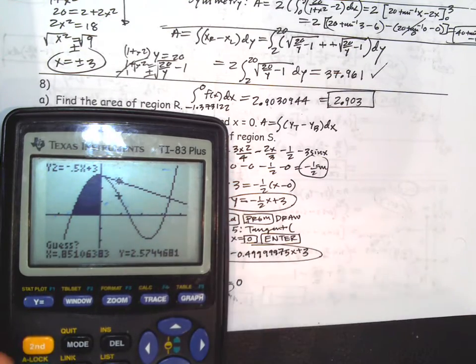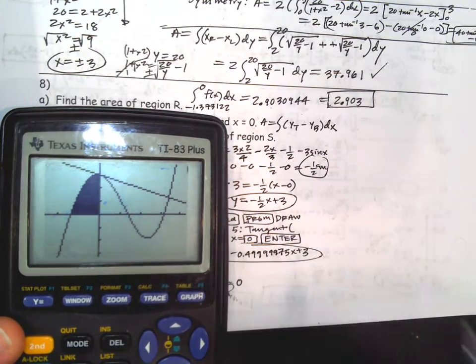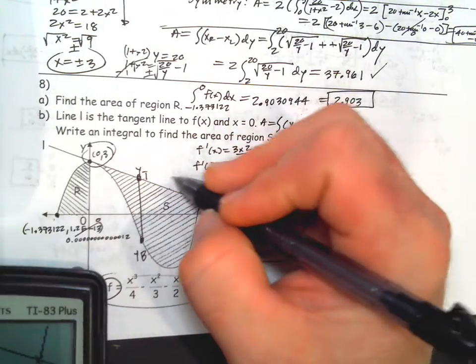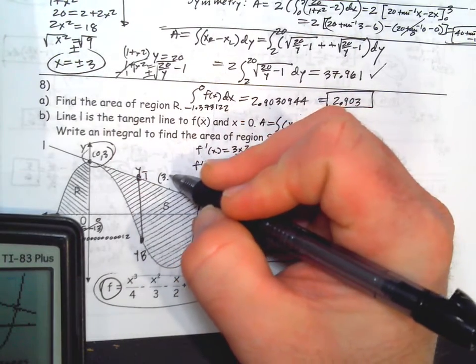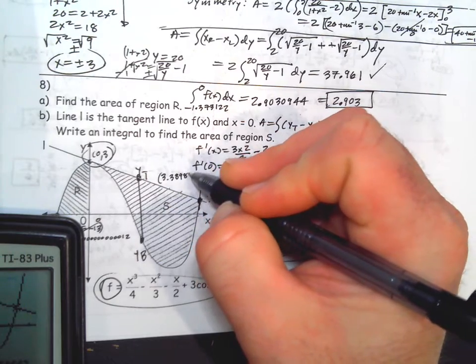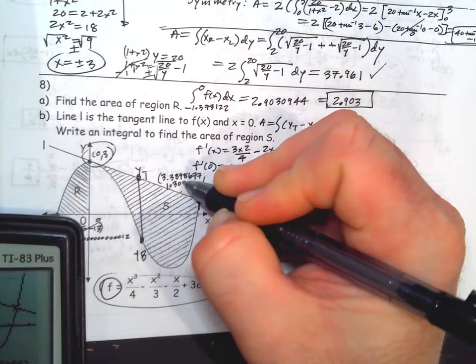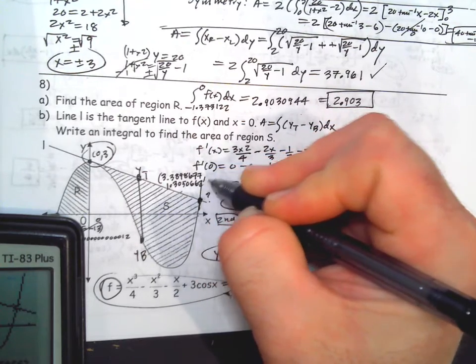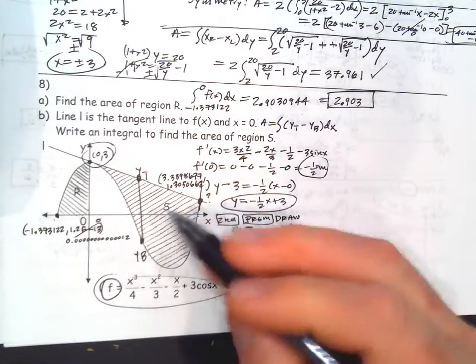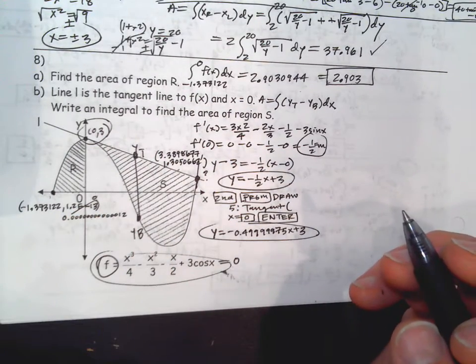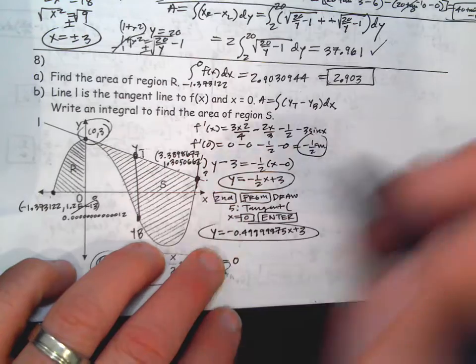It looks like it's around 3.5. And I'm going to write that on my graph, 3.389867, comma 1.30506662. I just write it all out because we're going to need to carry more than 3 decimals in our work. Okay.